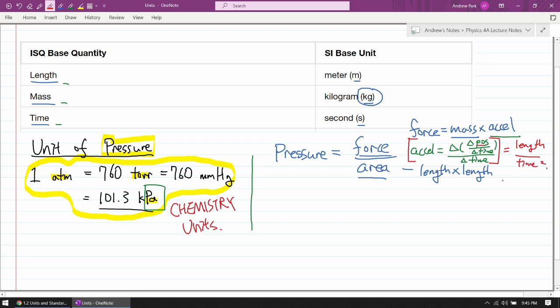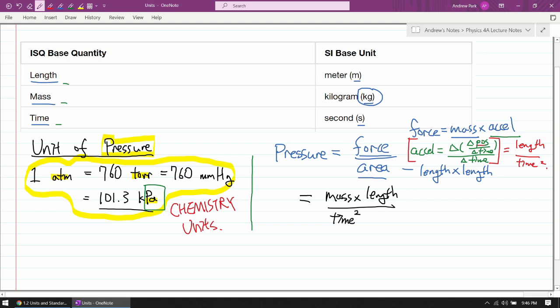So to wrap it all up, to describe the unit of pressure, we can describe it as this combination of length, mass, and time units. The combination is one factor of mass in the force times acceleration, so one factor of length, and in the acceleration, we have two factors of time dividing, time squared.